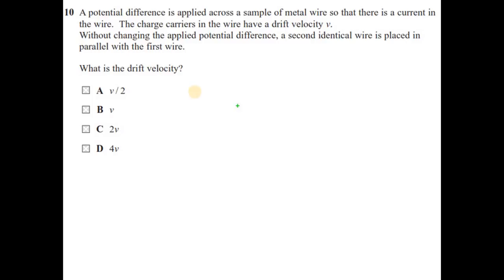Okay, so the equation involved in the drift velocity is called the transport equation, which is I = nAqv. v is the drift velocity, q is the amount of charge, A is the area of the conductor, n is the charge density.